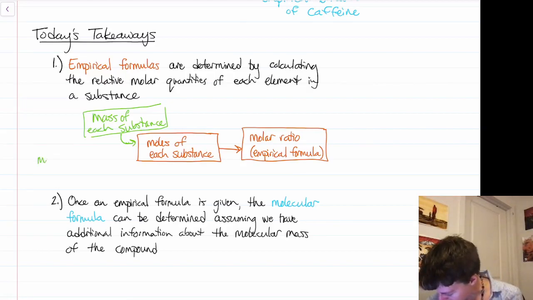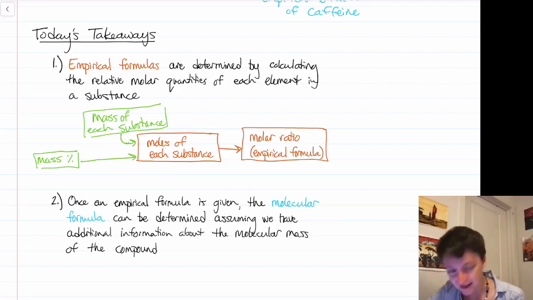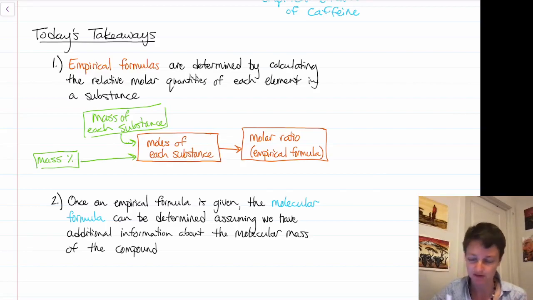If we're given a mass percent, the first step that we need to do is assume that we have 100 grams of a compound to make the math easy, and then once again, just do a mass to moles conversion.